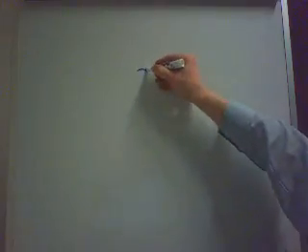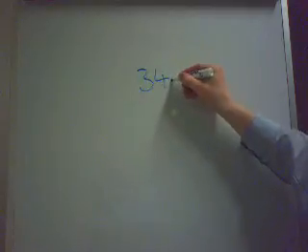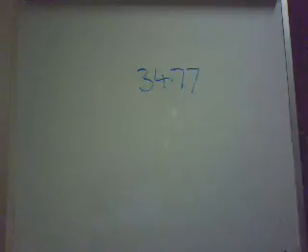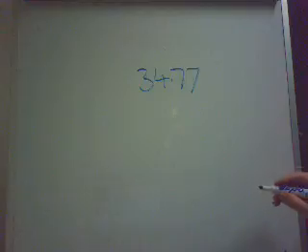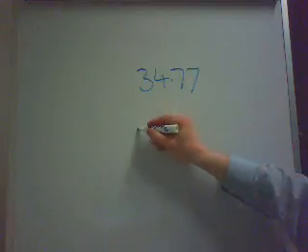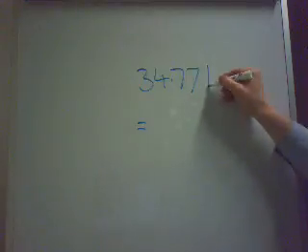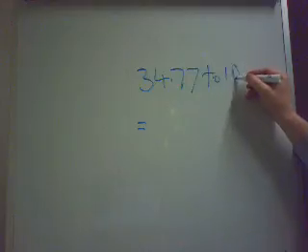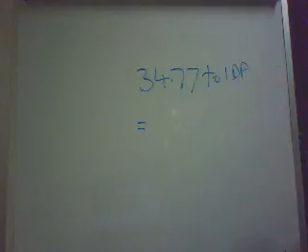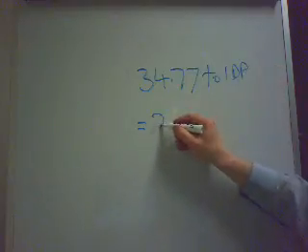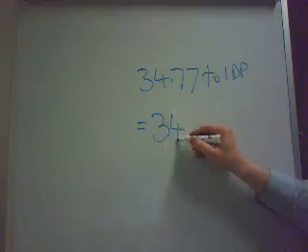Next, we're asked to state 34.77 to 1 decimal place. Well, obviously the 34 is going to stay as it is.